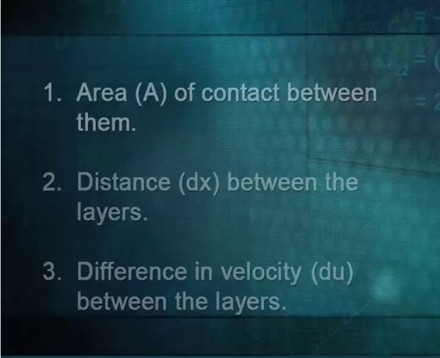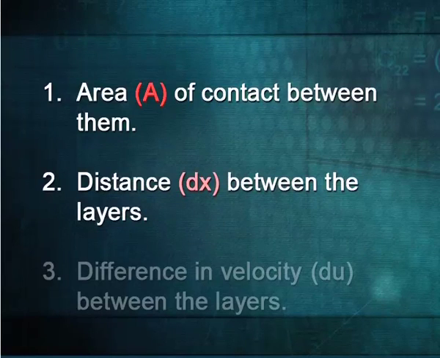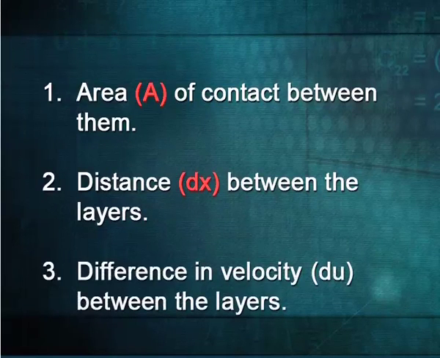This force of friction depends upon the area of contact between them, denoted by capital A, the distance between the layers, denoted by dx, and the difference in velocity between the layers, denoted by du.